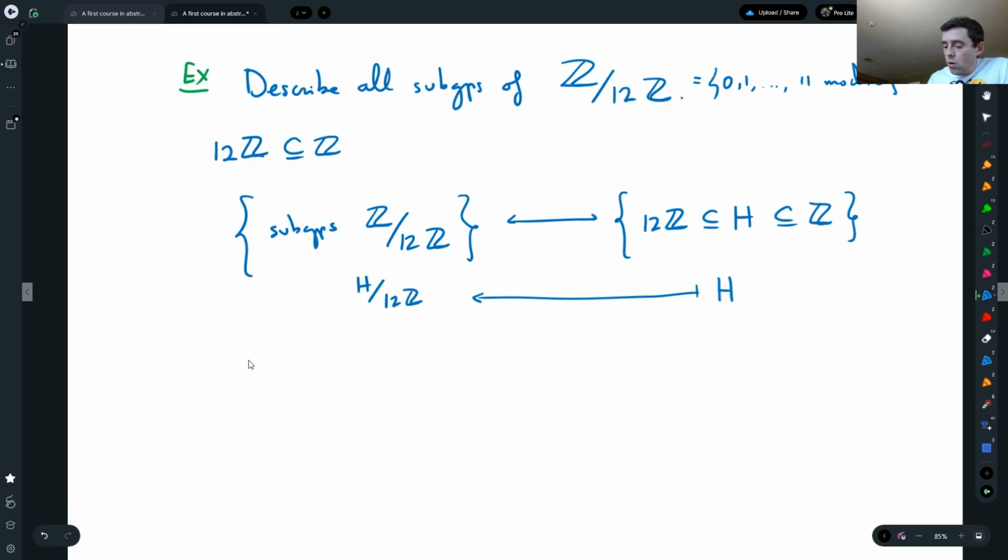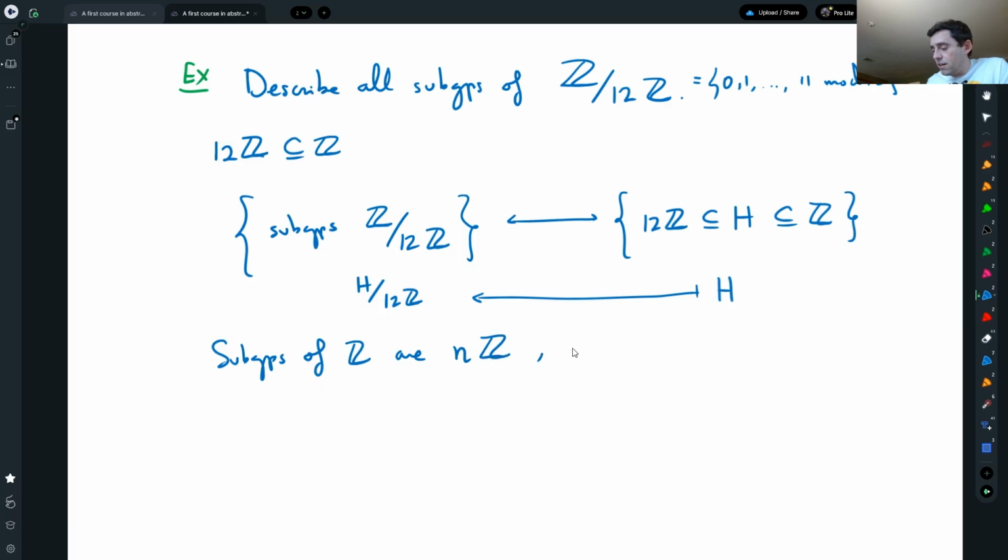But we know that the subgroups of Z are cyclic. So they are all of the form nZ for some integer n, which we can pick to be positive, so for some n bigger or equal to 0. Okay, so those are all the subgroups of the integers.